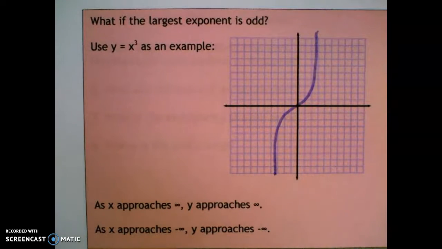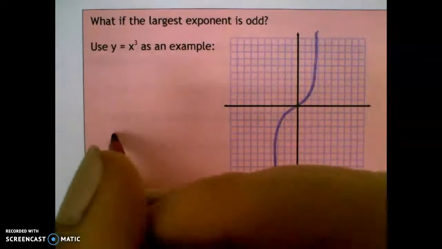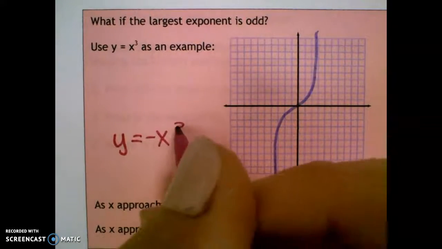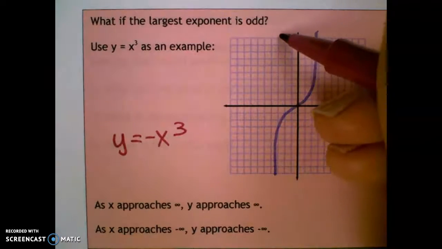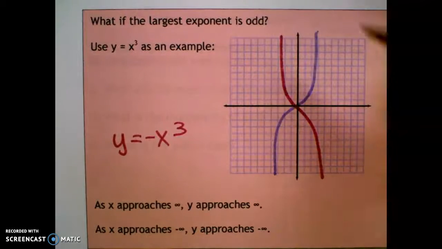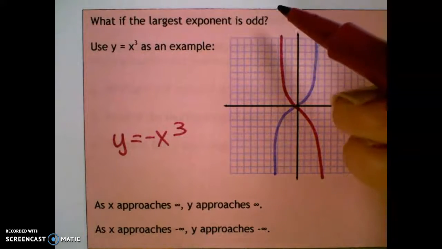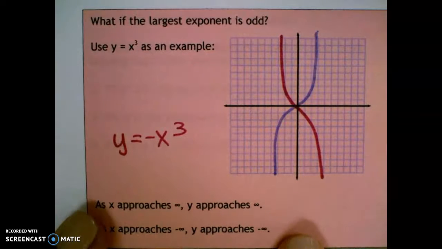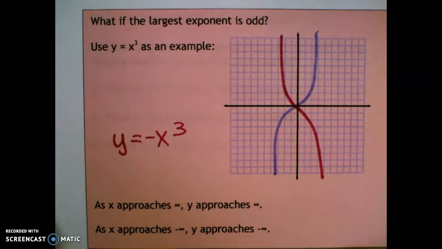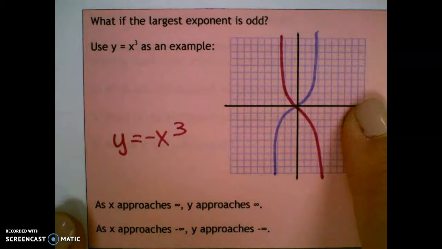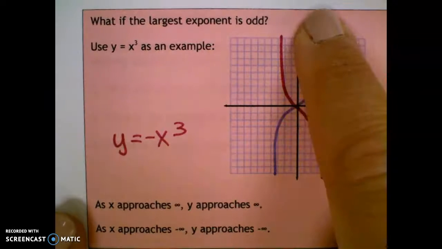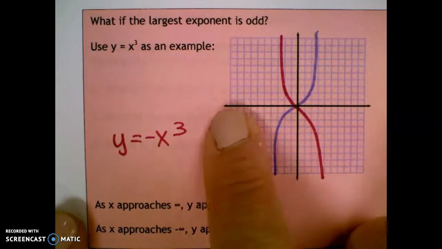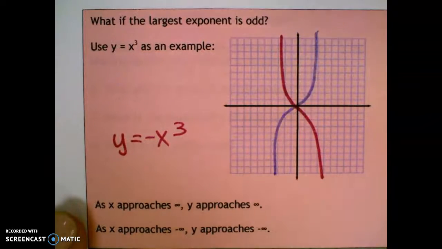And if we were to reflect that to make it negative x cubed, again it would reflect, but now it's decreasing, so it's going from up to down. At the bottom here is a description: mathematically, as x approaches infinity, y approaches infinity. As x approaches negative infinity, y approaches negative infinity.